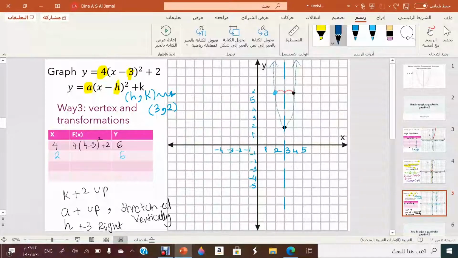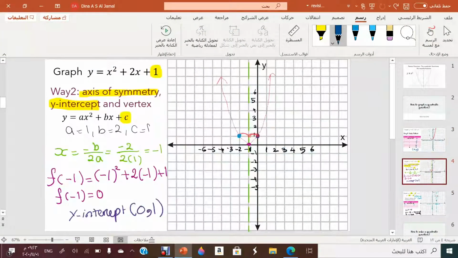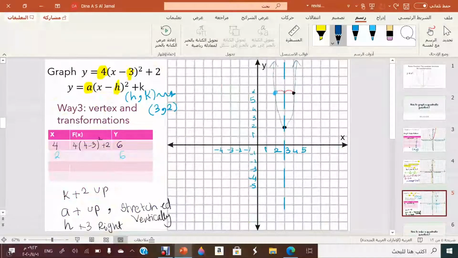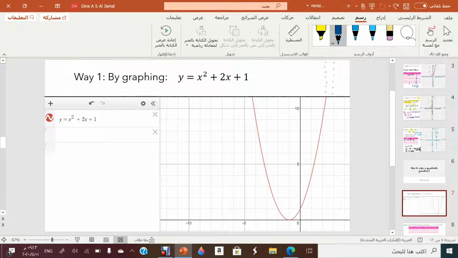Great. So now we talked already about how we can graph using a table, how we can graph using the axis of symmetry, and how we can graph using the transformation in an easy way. So let's see, how can I solve a quadratic function? So let's focus on the function that we graphed already.